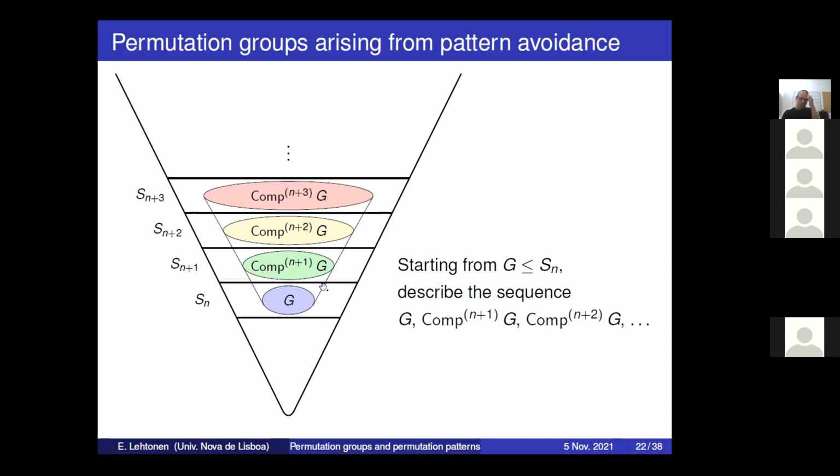So we get new group classes in this way. And if our group G is not transitive, then we get something that Atkinson and Beals did not describe. And we would also like to know how fast this sequence of compatible permutations reaches one of the stable families of Atkinson and Beals. We know that it must reach at some point one of those families, but how fast will this happen?